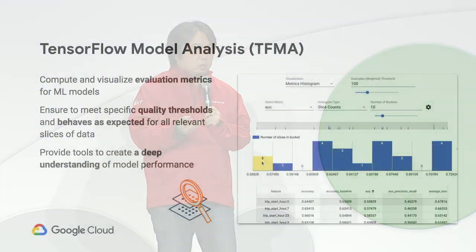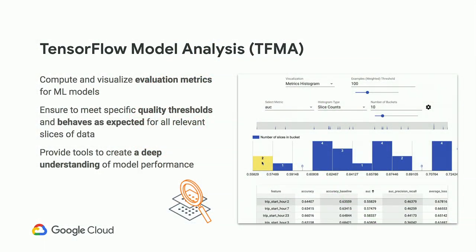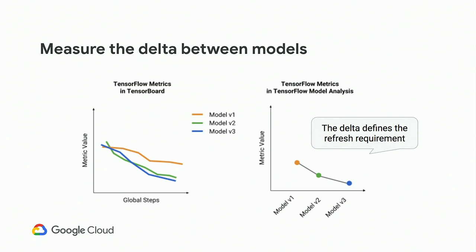So this is where you may want to use TFMA, Model Analysis. This tool allows you to evaluate the metrics of your ML models. You can specify the quality thresholds, and you can make sure that your system is working as intended. TFMA allows you to take a look at the changes of the accuracy or AUC or any other metrics for different time points.